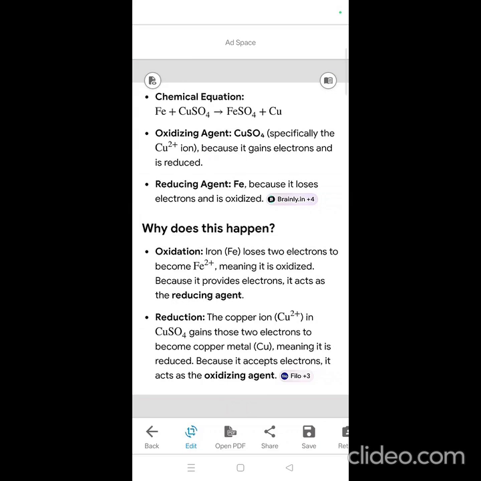And here Cu2+ or CuSO4 gains electrons, it is the acceptor of electrons. So CuSO4 is the oxidizing agent. Okay. So the oxidizing agent is the acceptor of electrons and the reducing agent is the donor of electrons. So now we can easily identify in these reactions which is the oxidizing agent and reducing agent.